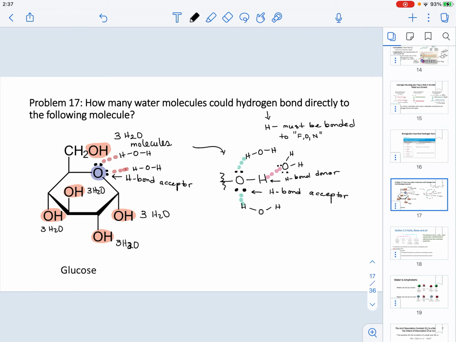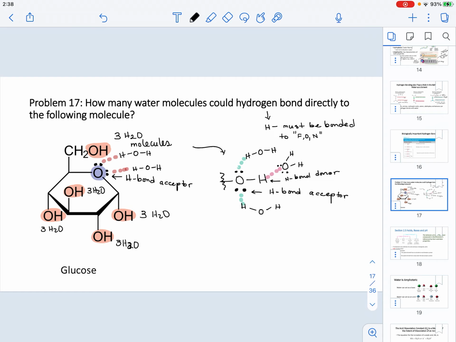So whenever you're doing a problem like this, always look at atoms in which you have fluorine, oxygen, or nitrogen bonded to hydrogens, and also at the fluorine, oxygen, and nitrogen themselves. Take into account how many lone pairs are going to be present in those atoms.